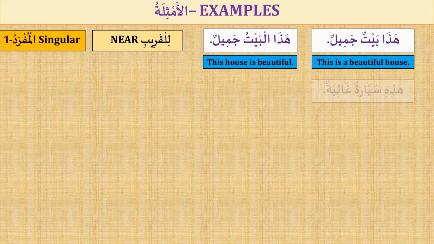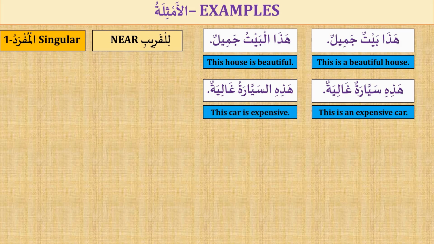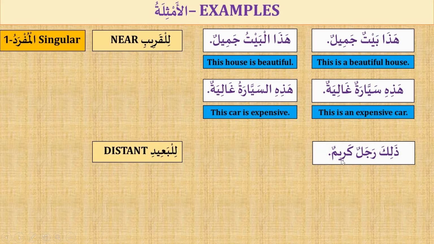Example for feminine: هذه سيارة غالية. This is an expensive car, and we say this in another way, هذه السيارة غالية. This car is expensive. And for distant examples, ذلك رجل كريم.